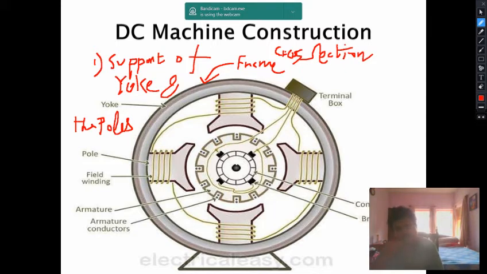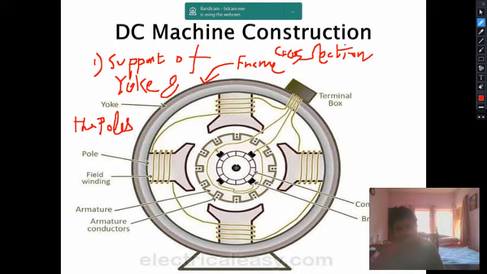So the poles, we have discussed what the poles are. The poles are responsible for production of the magnetic field. Actually, they are made up of ferromagnetic material, and when coils are wound on those structures and current is passed, it will exhibit magnetism, and magnetic lines of force will start flowing from the North Pole and end in the South Pole.